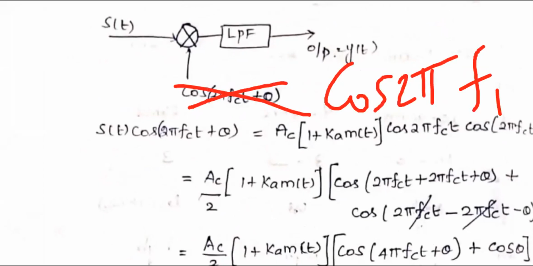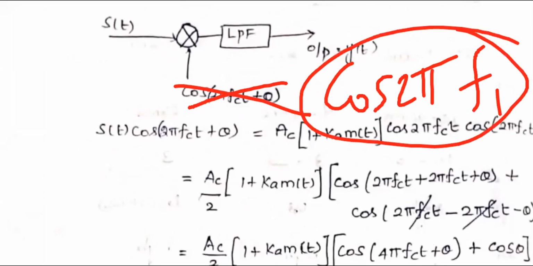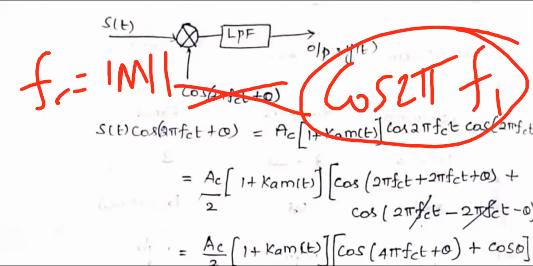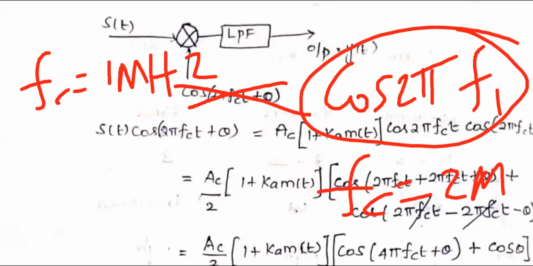Then you observe what answer you are getting, whether you are able to get your m of t or not. Completely different frequency: say at the transmitter you are using 1 megahertz, and at the receiver side you are using 2 megahertz. What happens? Verify.